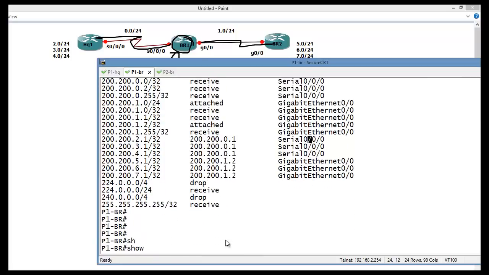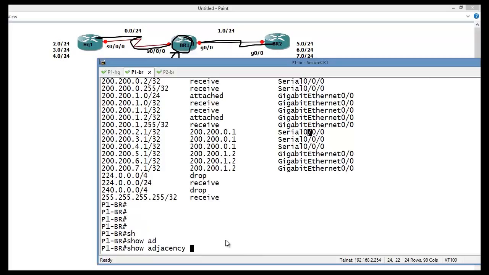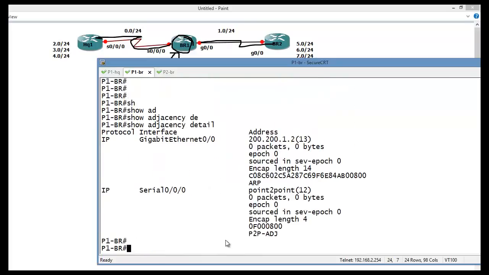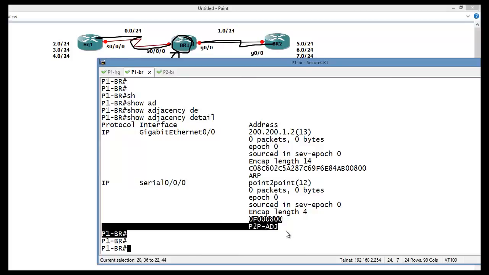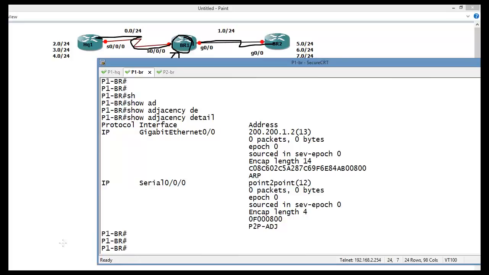Now the adjacency table, let's go through the detail. For adjacency, we have 2 interfaces, one is gig 0/0 and the second one is serial 0/0, and the IP addresses and then the MAC addresses that are going to be used. So these are the MAC addresses. These are going to be maintained in your adjacency table. We are looking for layer 2 information. So as I discussed earlier, this is stored in the adjacency table.